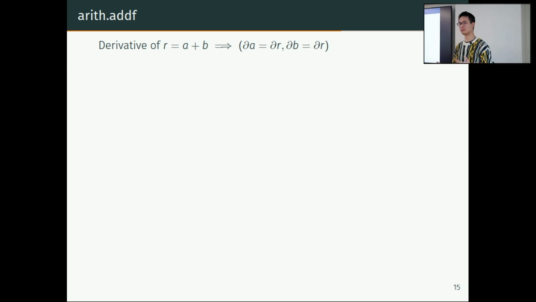This is simply a sum of a and b, which are both floating point numbers. The first step is that we think, what is the derivative of our operation? What should we do? We'll make a plan. Mathematically, the derivative of the sum of a and b for both a and b is merely the derivative with respect to r, or the differential value dr in this case.